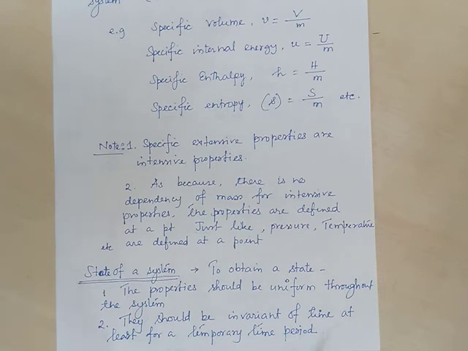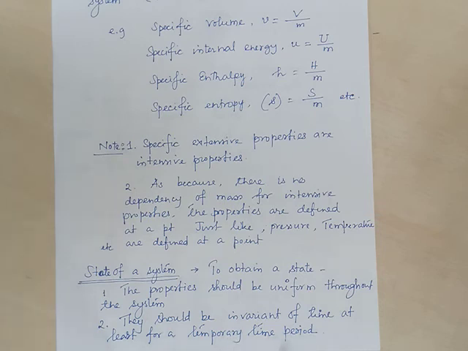So to get a state of a system, the properties should be invariant of time for at least a temporary time period. So two things: the properties should be uniform throughout the system, and the properties should be invariant of time.